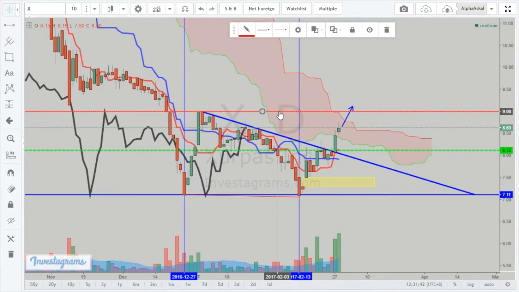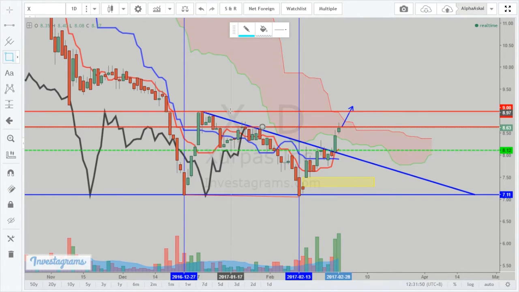This is our second resistance. Our first one is this one, so we are now creating a resistance zone or area.